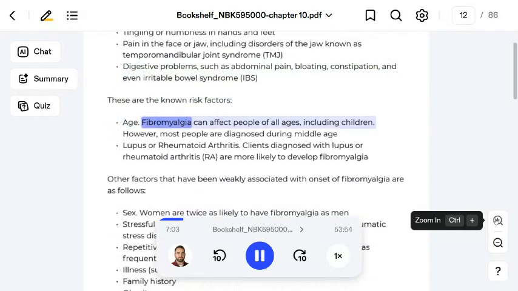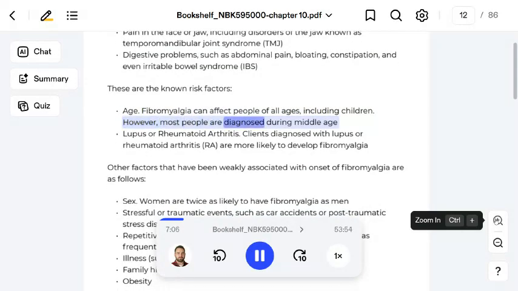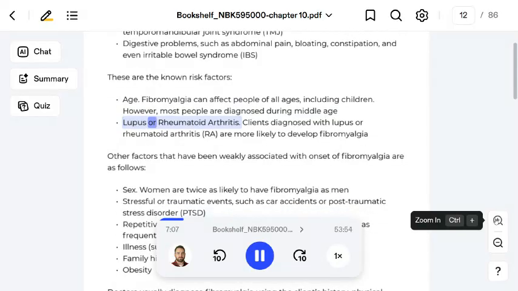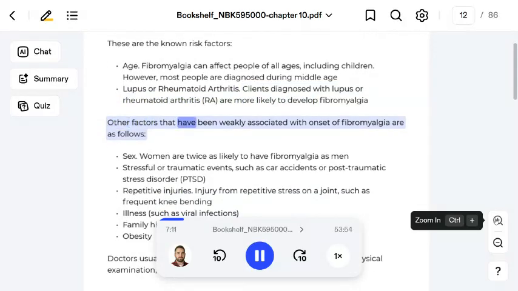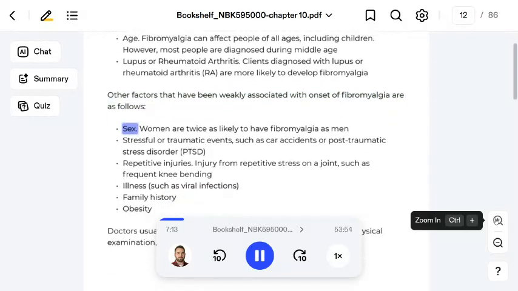These are the known risk factors. Age. Fibromyalgia can affect people of all ages including children, however, most people are diagnosed during middle age. Lupus or rheumatoid arthritis. Clients diagnosed with lupus or rheumatoid arthritis are more likely to develop fibromyalgia. Other factors that have been weakly associated with onset of fibromyalgia are as follows. Sex.